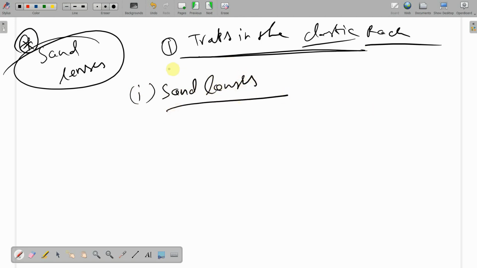So under the clastic rock, पहले हम लोगों ने स्ट्रेटिग्राफिक ट्रैप देखा, उससे मैं प्राइमरी पे आया. Primary can be divided into this, and this can be divided into, first one is the sand lenses.